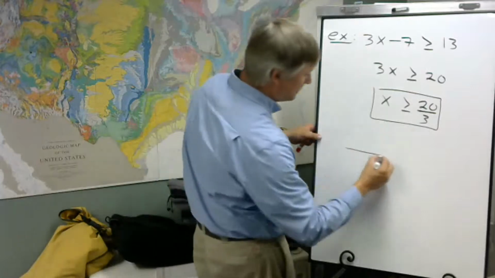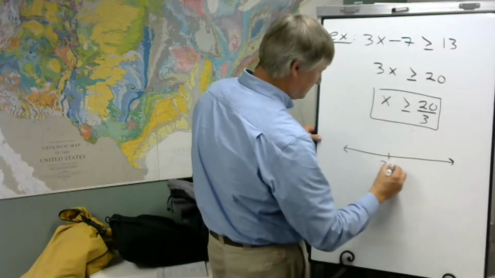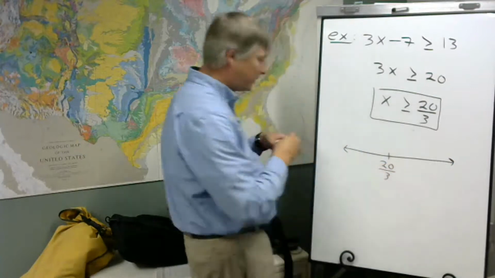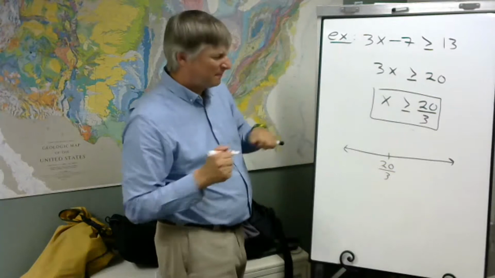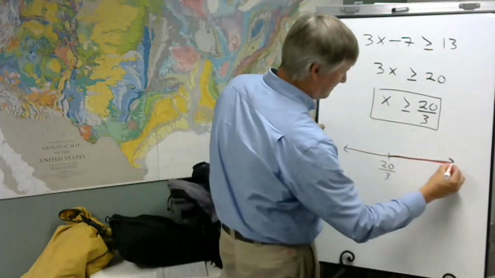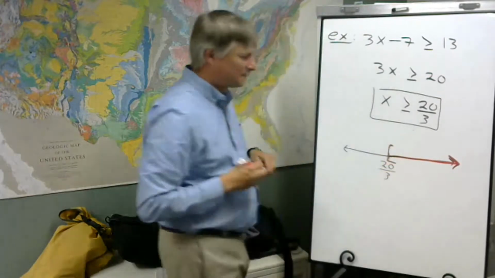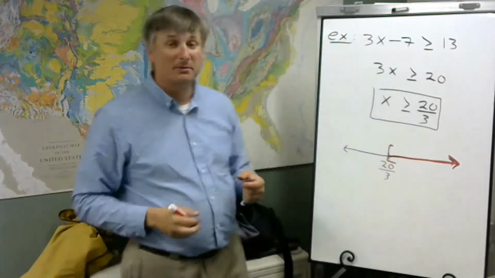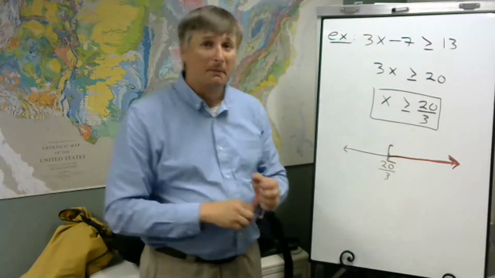And again, if you were to do a graph of this, gives you 20 over 3. What is that? 6 2/3. And that's going to be your answer. Let's do another one.